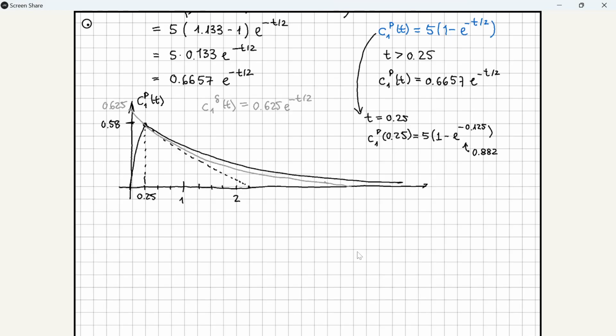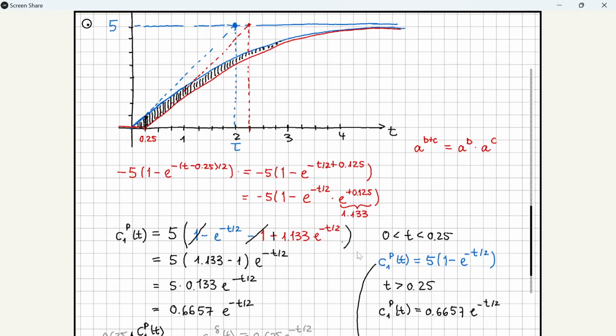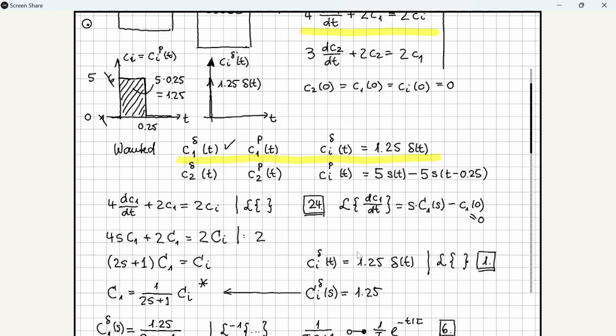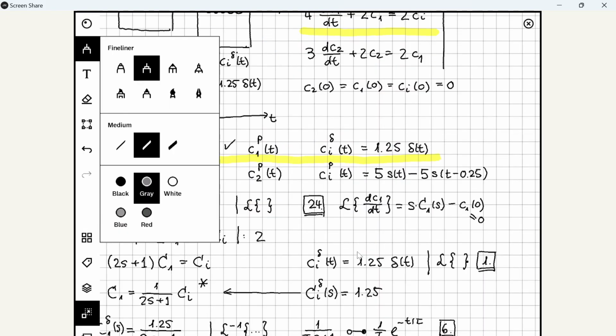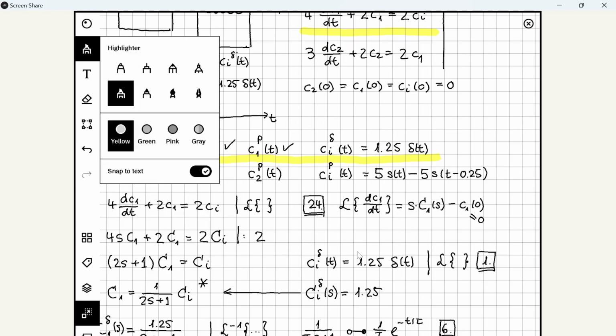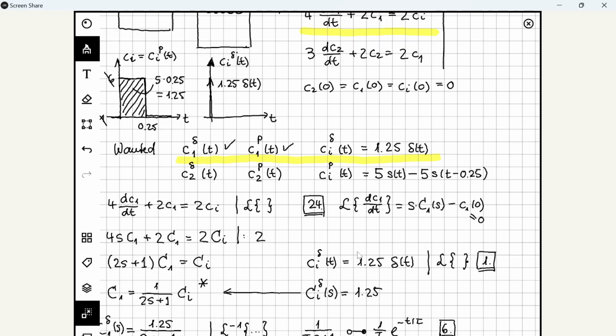Okay, so this was C1. So going back to our overview, we've solved our C1 delta and our C1p. So this leaves us to do C2 delta and C2p.